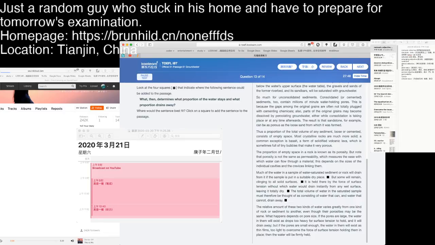It's not here. It's not the first place, absolutely, because there was a "but". But some will remain clinging to all solid surfaces. It's not here, I think. I don't think it is. So just C. That's right.